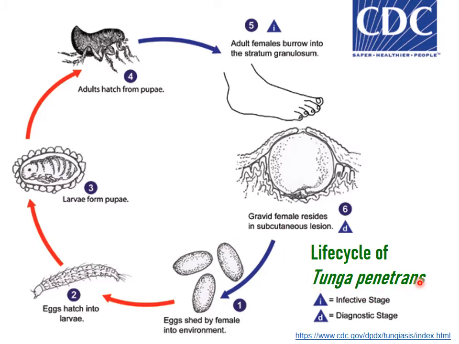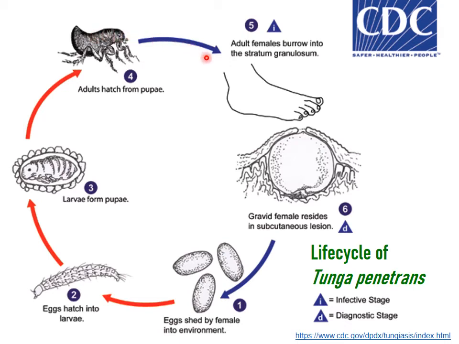This is the general life cycle of the chigoe flea. The eggs, the larva, and the pupae happen in the external environment. The pupae will mature, and from the pupae, the adult flea will hatch. The adult flea needs to feed on human blood.